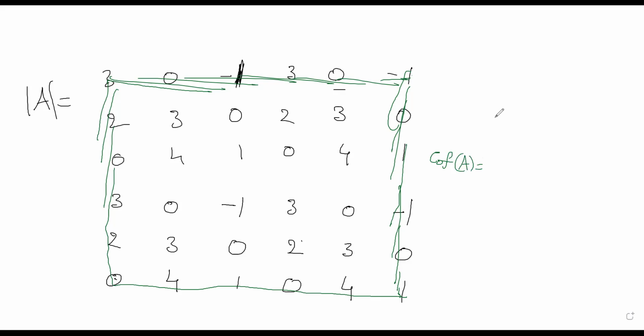3 into 1, that is 3. And 0 into 0. And the next part is 0. That is 2 into 1. What you get is minus 2 here. 0 minus 2, right? So it is minus 2. And 4 into 2, 8. Minus.